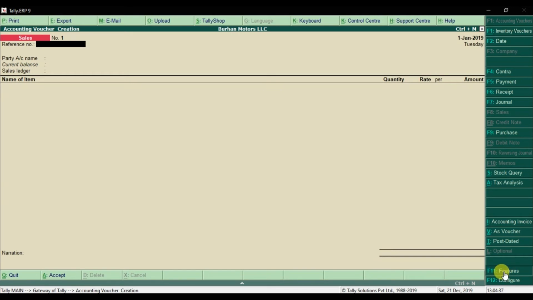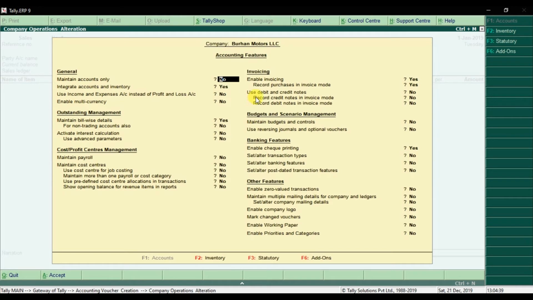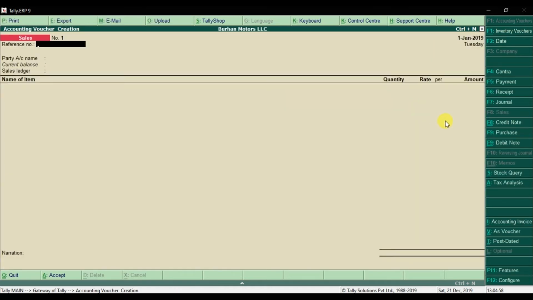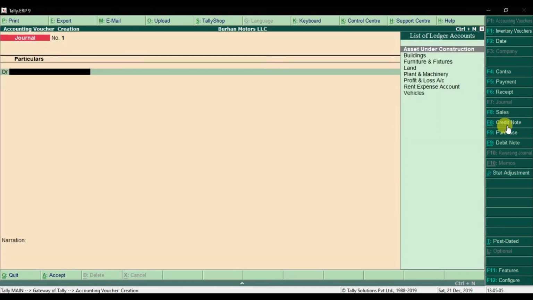Here we have this option, use debit note and credit note, so you can use purchase return and sales return. By default these options are no, so you need to make these options yes if you want to enable the debit or credit notes, and Ctrl+A to save it. So now, F8 is sales, and if you need to record a credit note, this feature is also activated now.